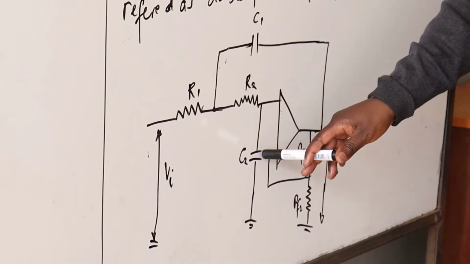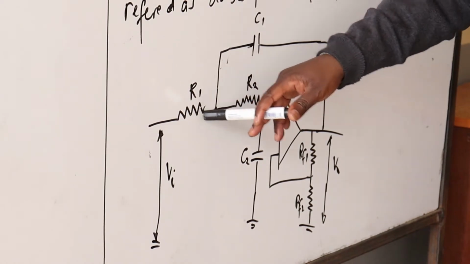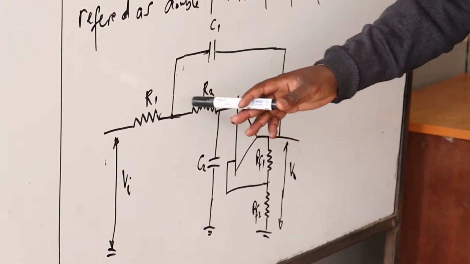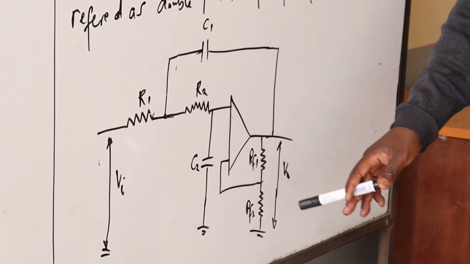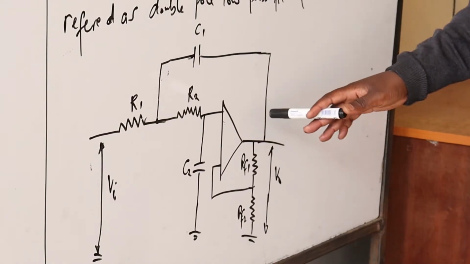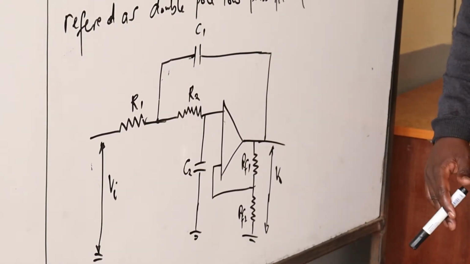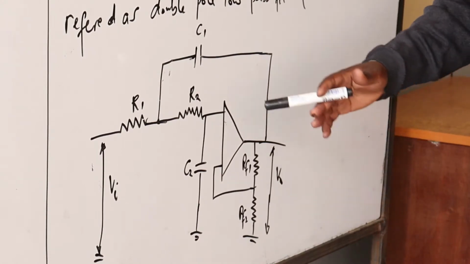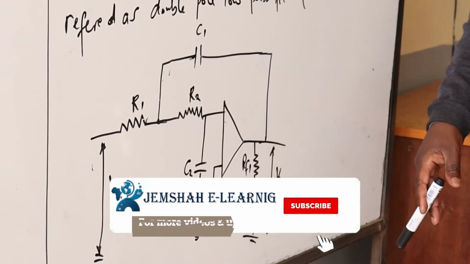So these capacitors work with this one and this one will work with this one. So in this case, at the input end, there are two resistors, which are R1 and R2, and also there are two capacitors, C1 and C2. For this case now, we're talking of the second order because of the positioning of the input capacitors, which are 2, and the input resistors, which are 2.